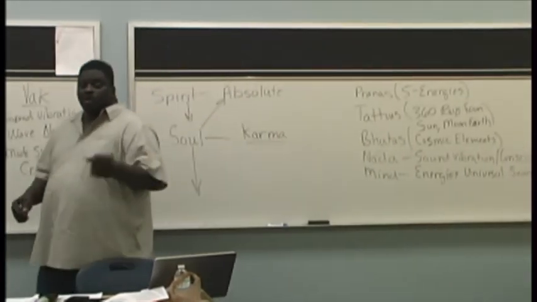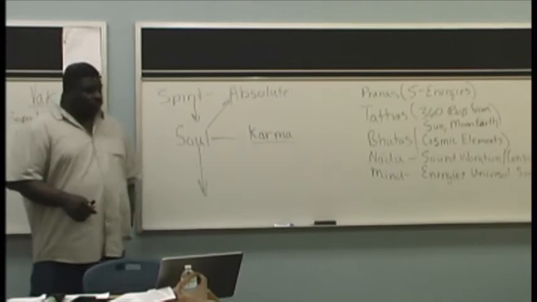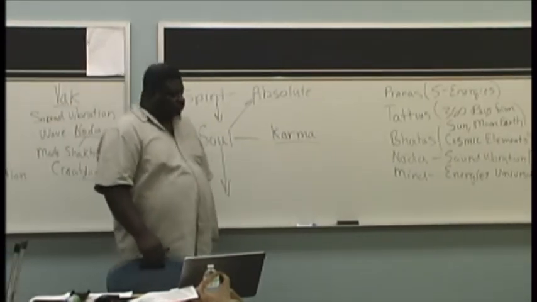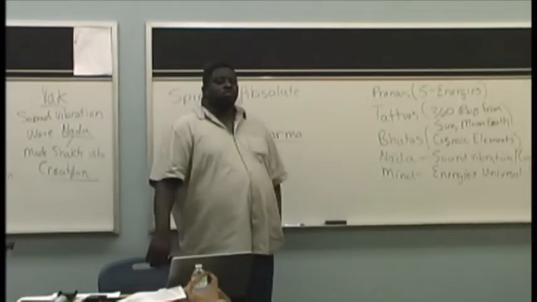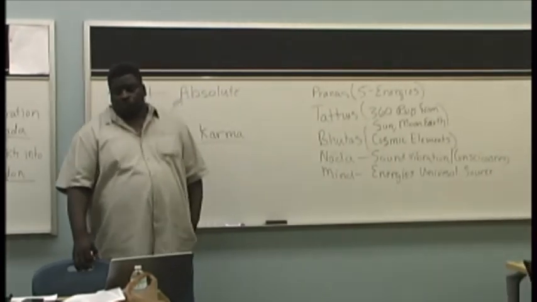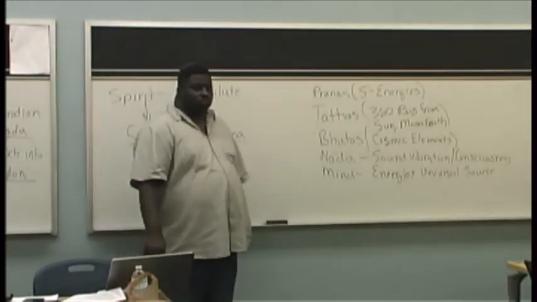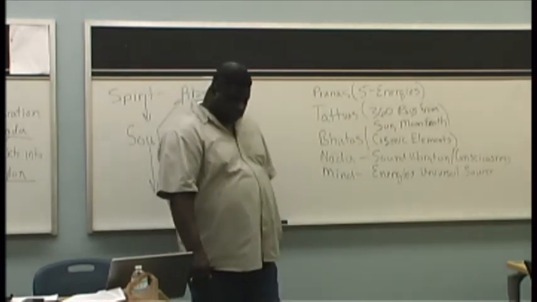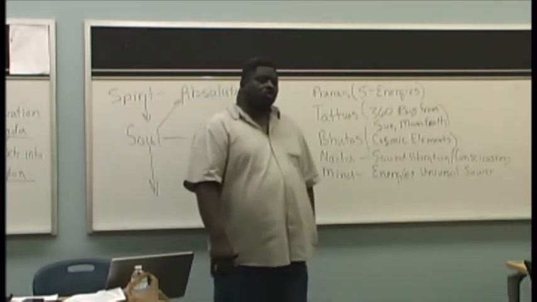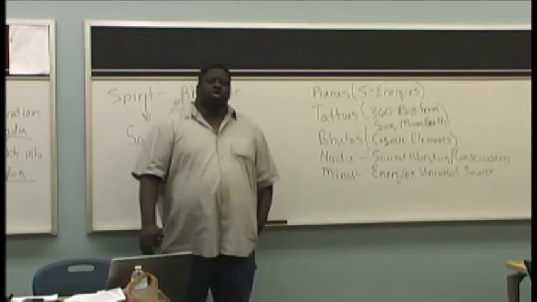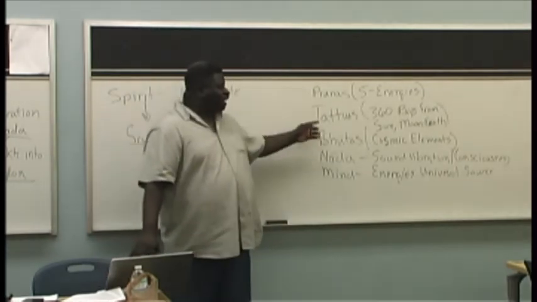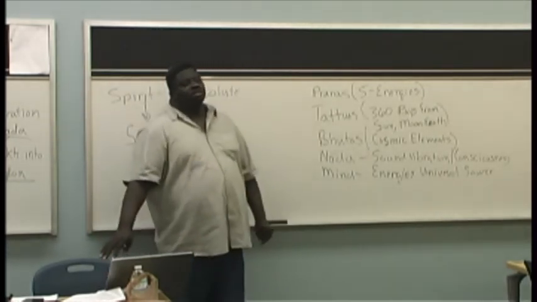Now, these forces, they're cosmic forces. Like you said, they're sent from the absolute through these huge bodies like the galaxy, the sun, the moon, the earth. The earth and the moon, they radiate it, and then the soul uses that to create our bodies, or is the soul kind of like intertwined with that? The soul uses that to manufacture the body.